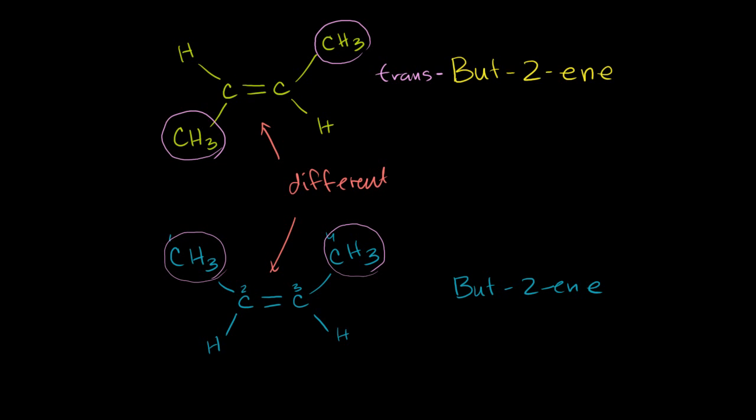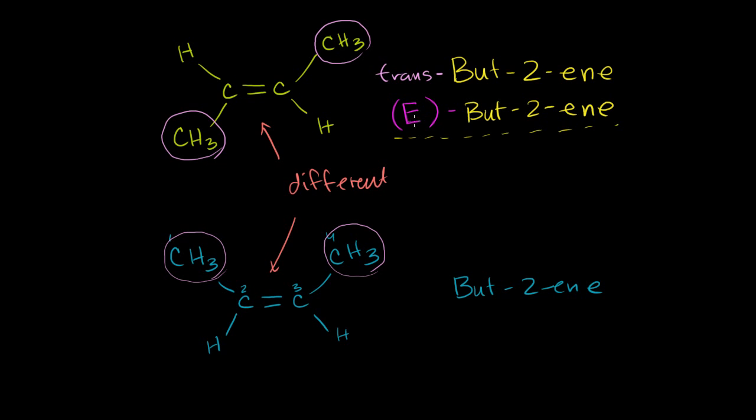And instead of writing out Entgegen, we write E in parentheses. So we would call this, let me do this in different colors since this molecule down here is blue, E-butene. These mean the same thing, trans-butene and E-butene.